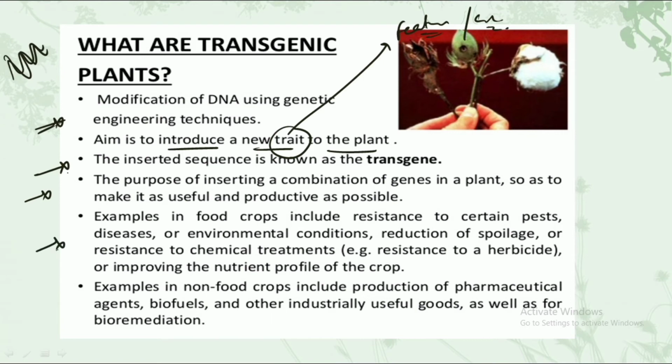Examples in crops include resistance to certain pests, diseases or environmental conditions, reduction of spoilage, or resistance to chemical treatment, for example resistance to a herbicide, or improving the nutrient profile of the crop. Examples of non-food crops include the production of pharmaceutical agents, biofuels and other industrially useful goods, as well as bioremediation.